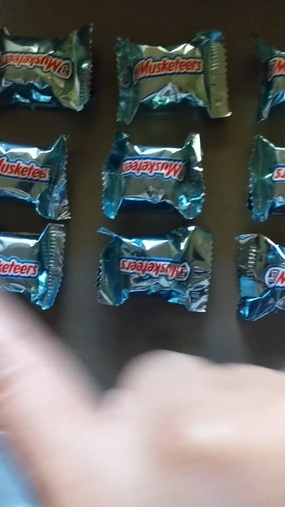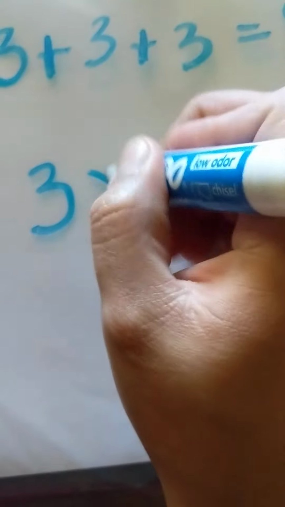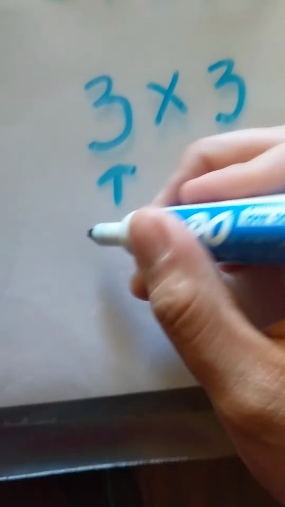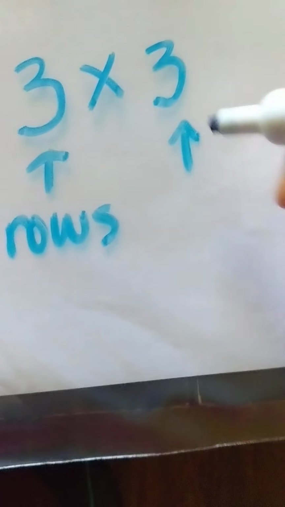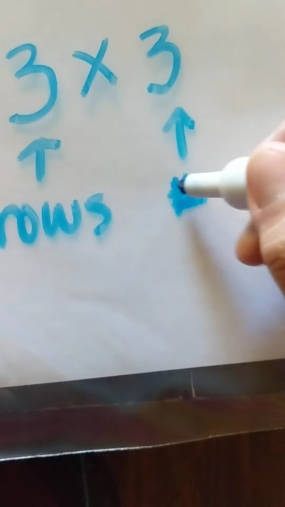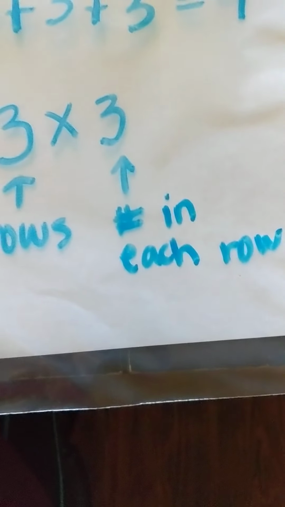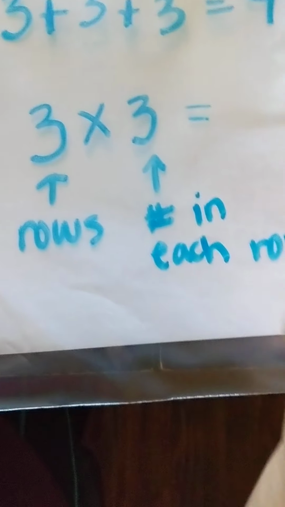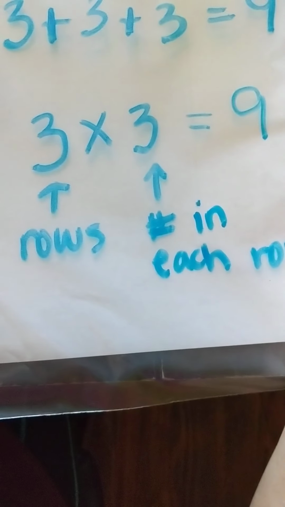So in each row I have 3. So I'm going to do times 3. This is my number of rows, and this number is the number inside the row, so the number in each row. So if I do 3 times 3, my answer is going to be 9.